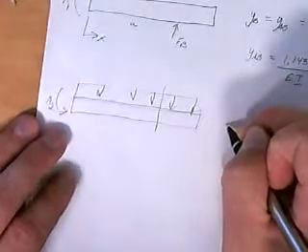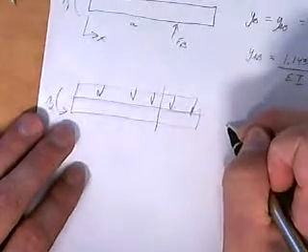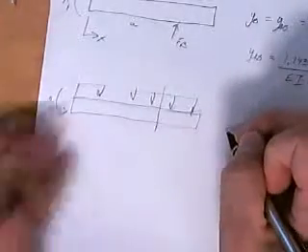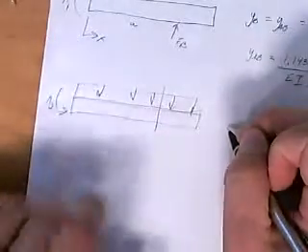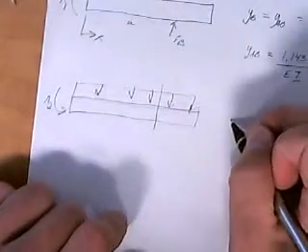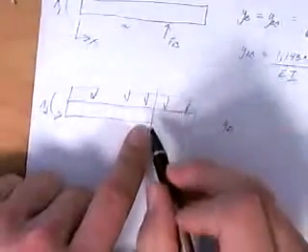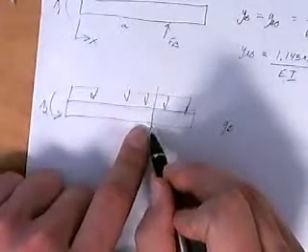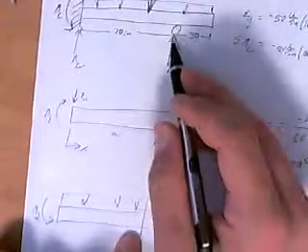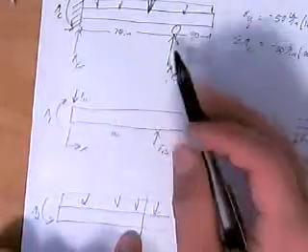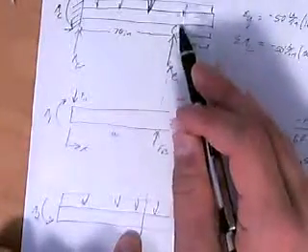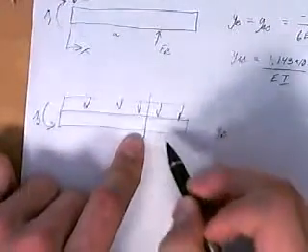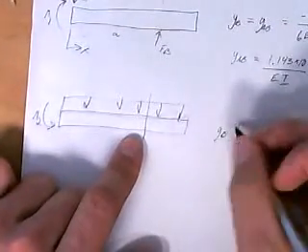So what we're going to do is use another equation from Appendix A9, where you have a distributed load, a cantilever distributed load. YB, the displacement at B. We want the displacement at B because this is going to be important in our compatibility equation, because we know that at this point the displacement is going to be 0. So we want the displacement at B from this distributed load.